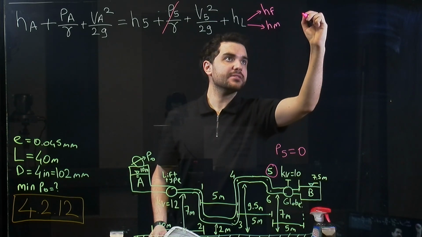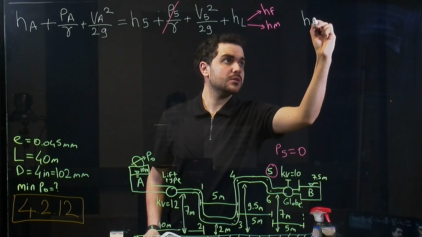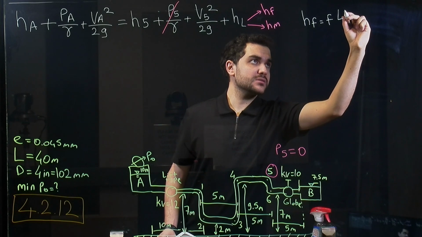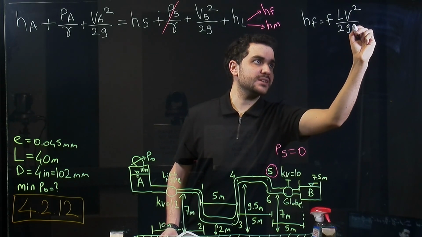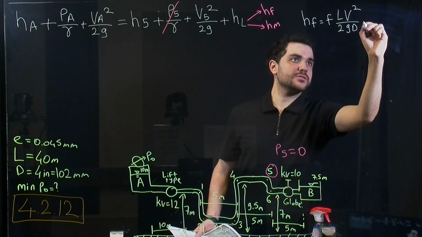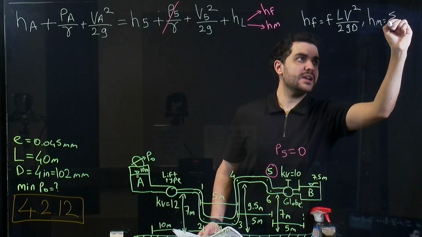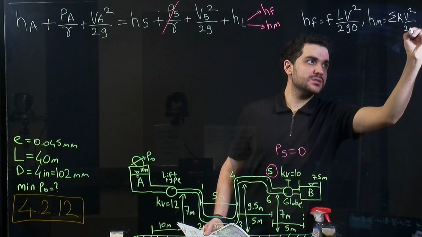So for the HF, we will have friction factor L V square over 2 GD, and for the minor head loss, we will have sum of loss coefficient V square over 2G.